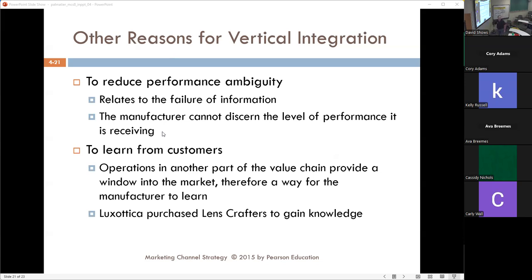And so performance ambiguity means that there's a disconnection between my success or failure and the duties that I have that are achieving that failure or success. That's what a performance ambiguity is.